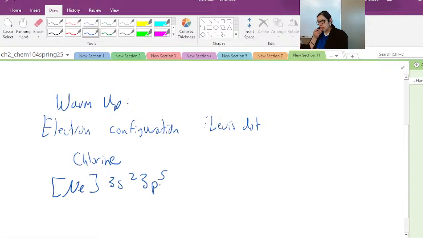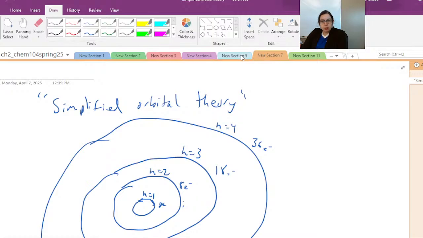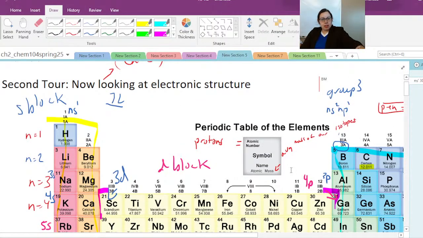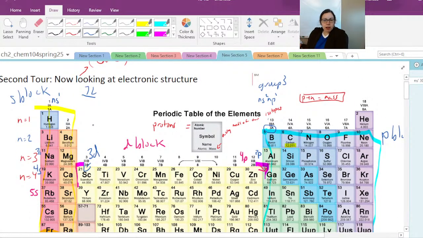Everybody got that? We're getting there. And so this looks good. Let's just kind of recap for everybody's sake. So again, your periodic table should hopefully be looking like this. It should be annotated. And so yes, this should be annotated with 3p. So that looks good. 1, 2, 3, 4, 5. So excellent. All right, so that looks good.